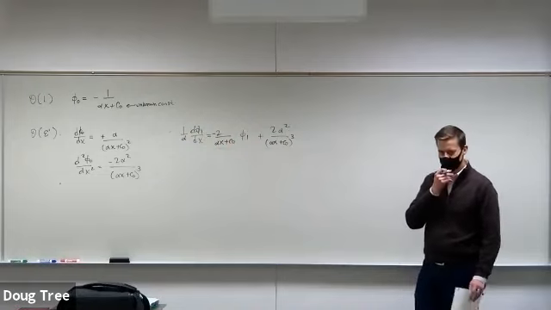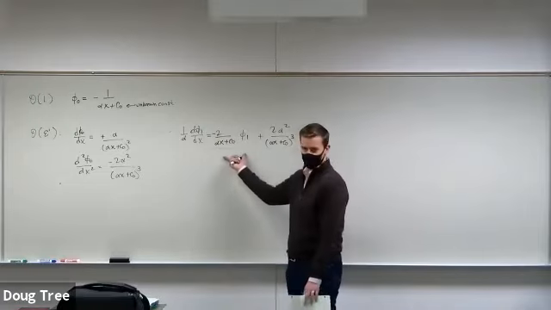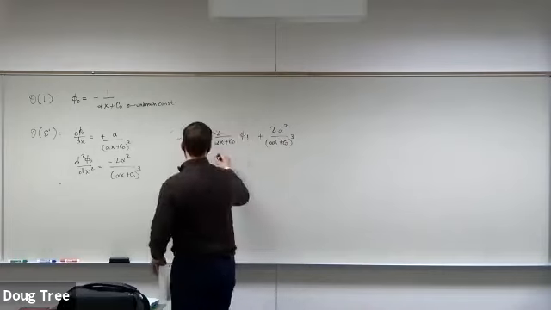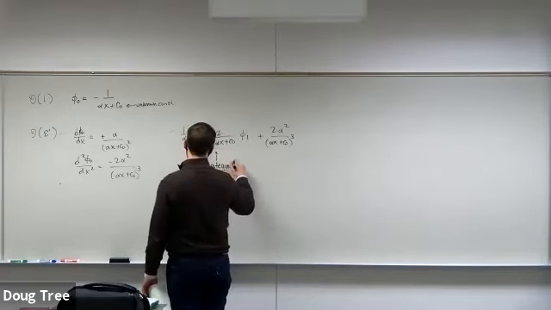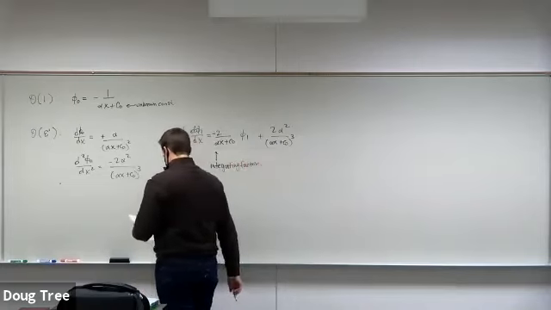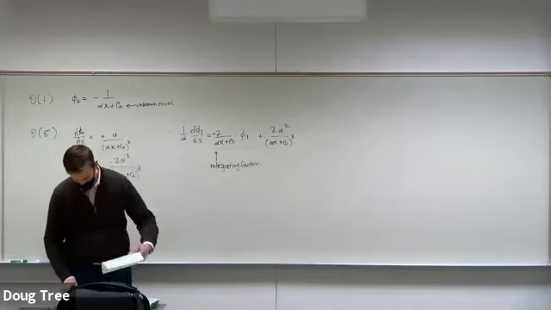And now this one is painful, okay, because this I can't separate and integrate. So I'm going to have to use an integrating factor. Remember doing that? At the same time, I'll just tell you the answer.